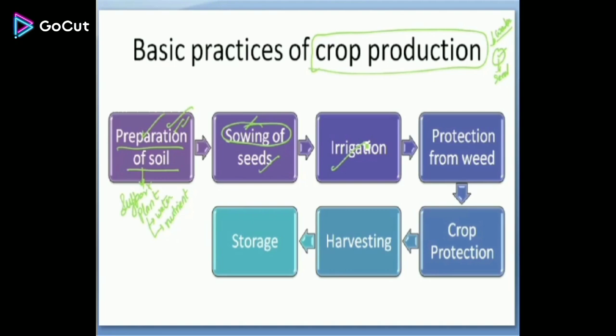Now you can also say that the kharif crop, like we have already studied, needs rain. So because it is already raining, why do we need to irrigate the field? Because the rain is not in our control. That means it is an environmental factor and is subject to change. That means in one year you might get a lot of rain, in some years you might not get any rain and it can be a drought condition.